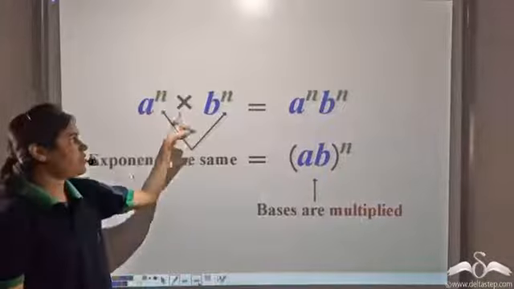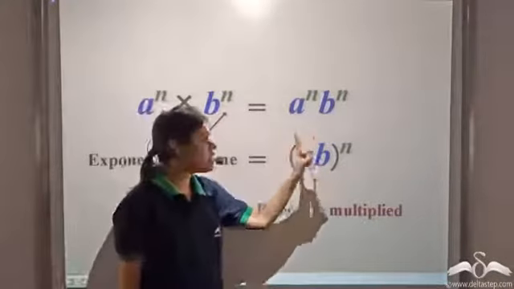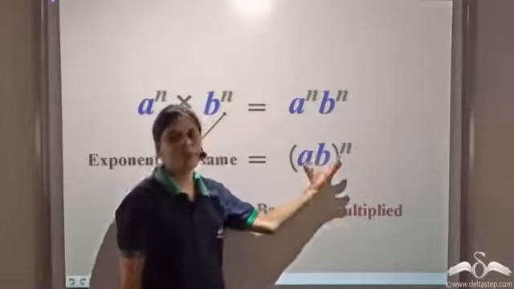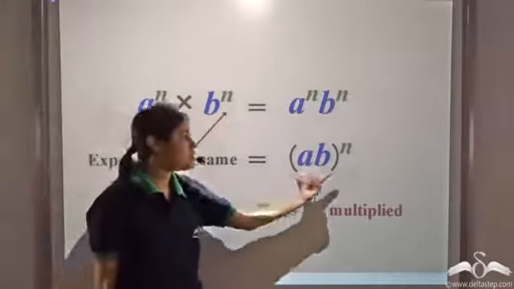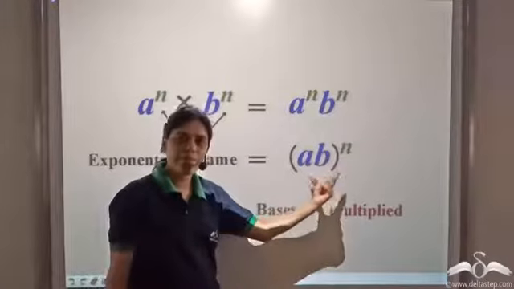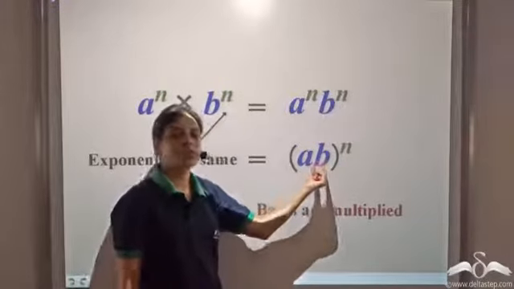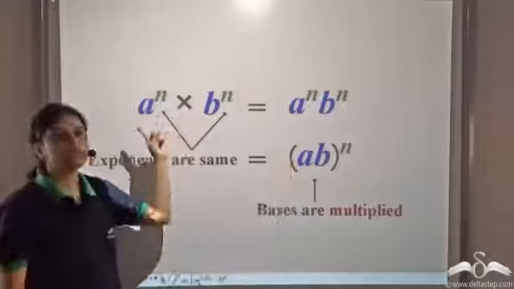So a to the power n into b to the power n is (a into b) whole to the power n. The product of these two exponential numbers gives us this exponential number in which the base is the product of these two bases.